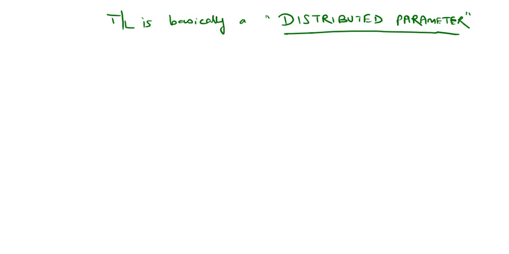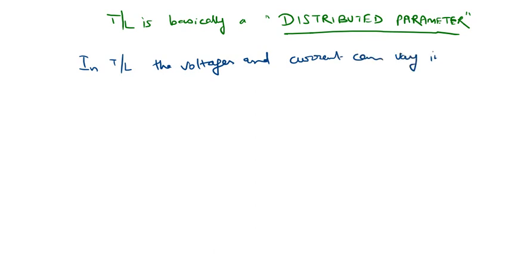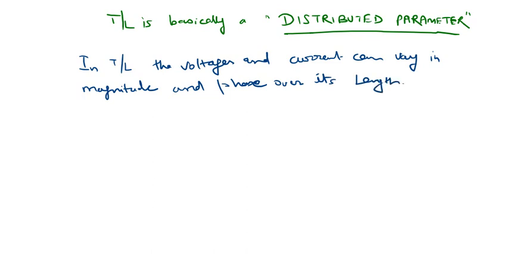So we can write here, in transmission line the voltages and currents can vary in magnitude and phase over its length.